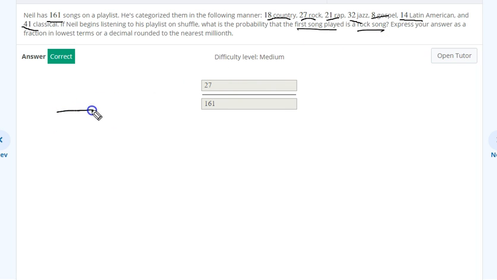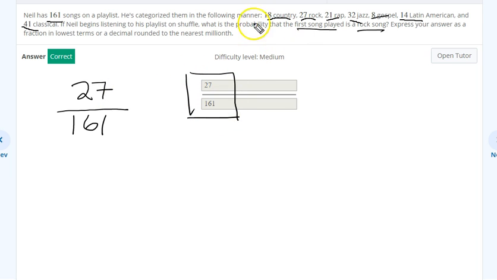Well, our sample space is 161, and we're looking for rock. Well, rock is 27, and that is our answer. So again, reading it carefully, looking at the information they're giving you, and then fitting it into a reasonable answer.